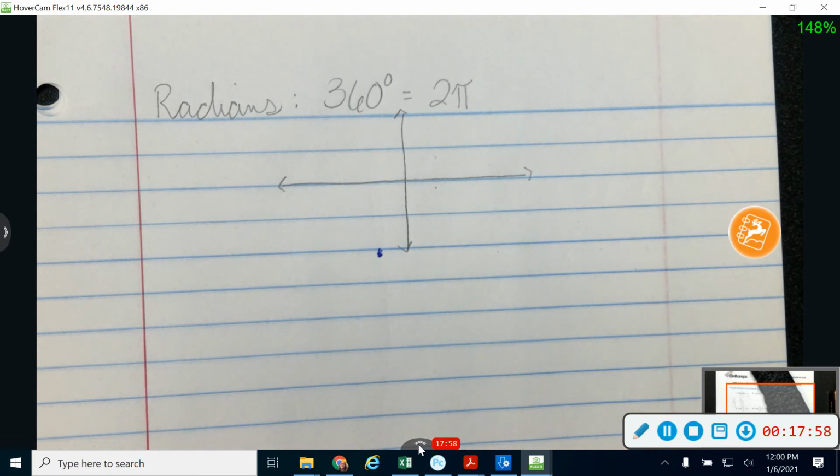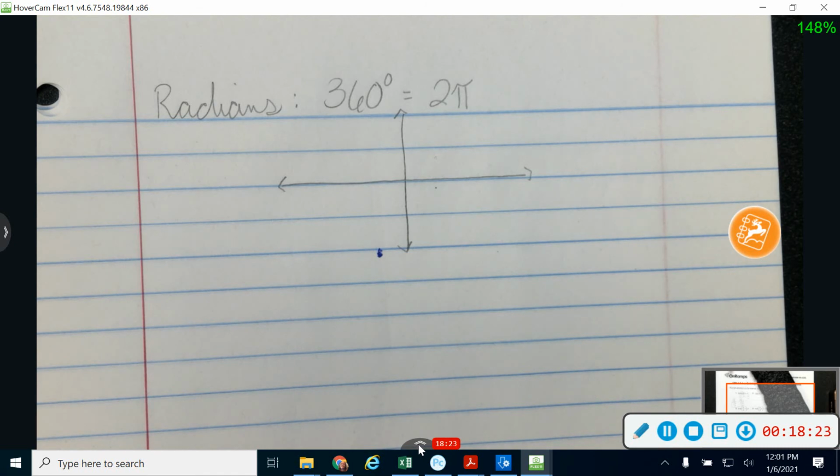Now pi is still just pi. Pi is still 3.14, but we're going to leave it as pi so that we have a more exact answer. So don't multiply by 3.14. The other thing you need to know about radians, other than that it will almost always have pi in it, is that radians has no symbol.